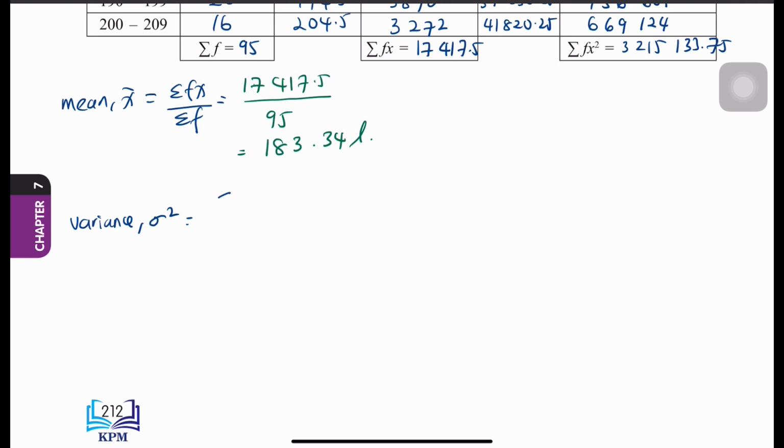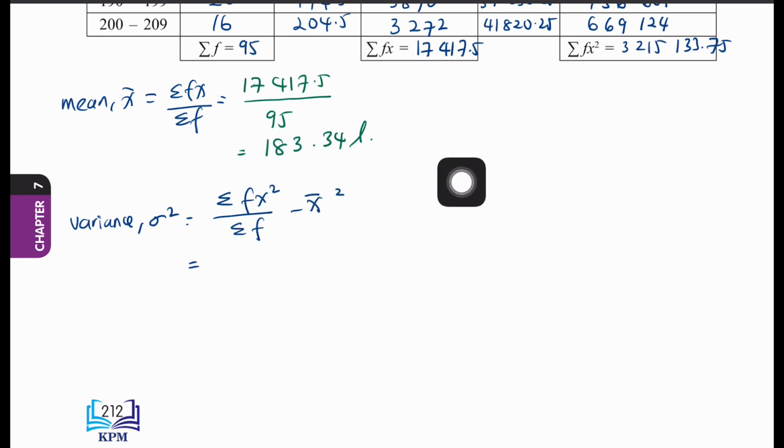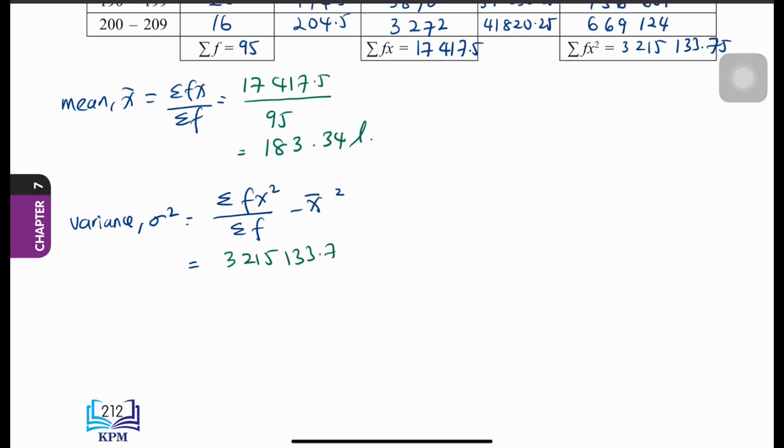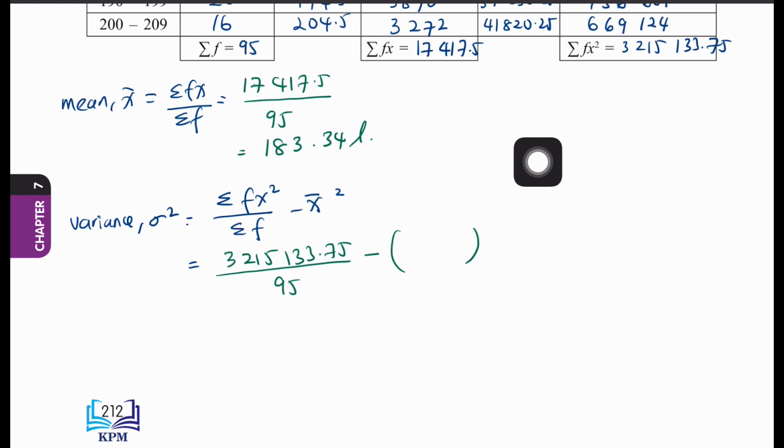Okay, so we have summation of fx squared divided by summation of x minus x bar square. So kita ada summation of fx squared di sini. Okay, so we have 3215,133.75 divided by summation of f is 95 minus x bar.